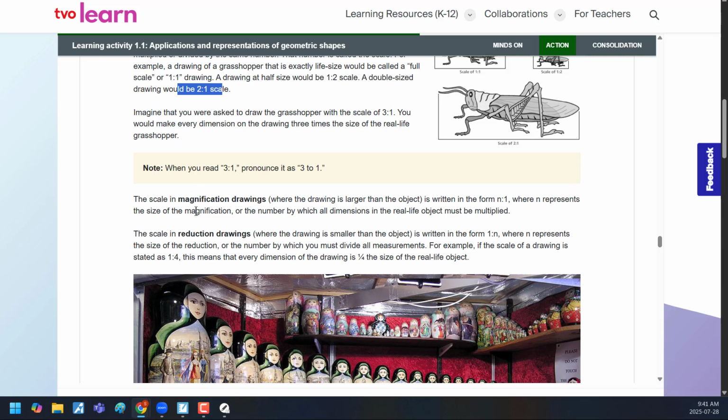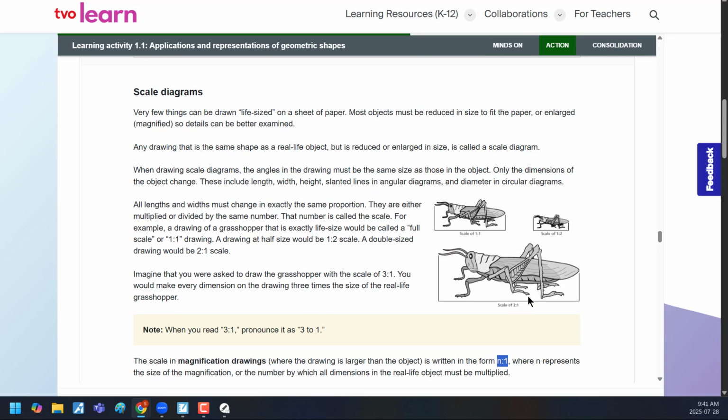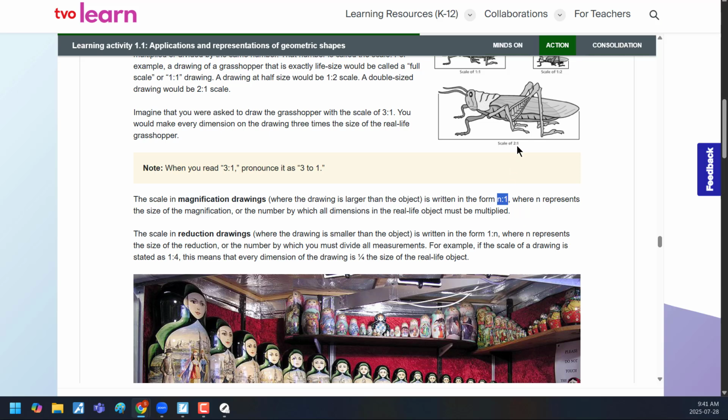These are called magnification drawings, where the drawing is larger than the object, and it's written in the form n:1. N just represents the size of the magnification. So if I have something that is 2 to 1, that means it's 2 times larger than the actual real life thing. The picture is 2 times larger.